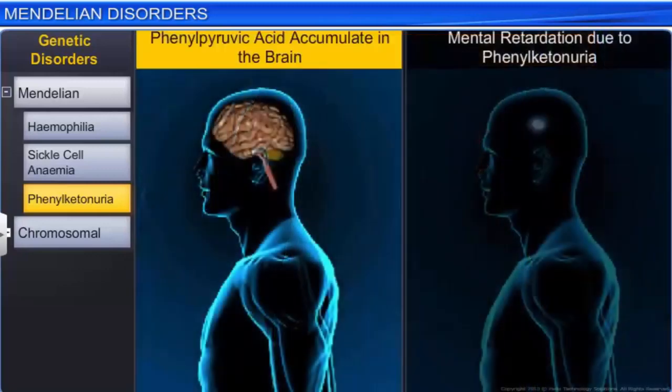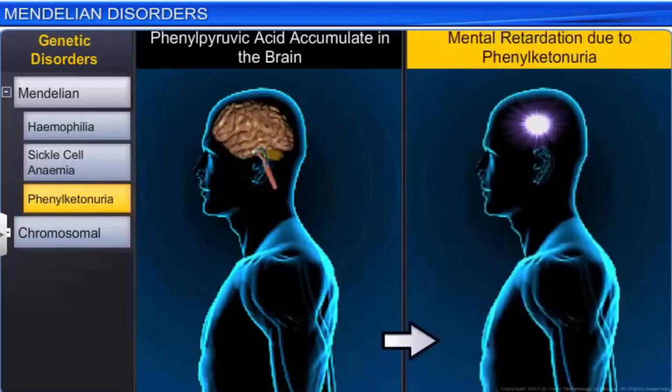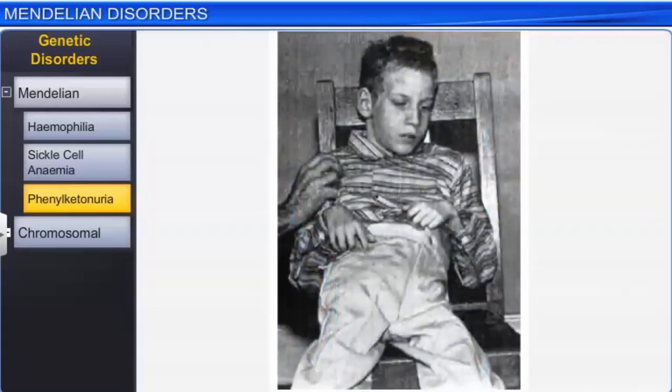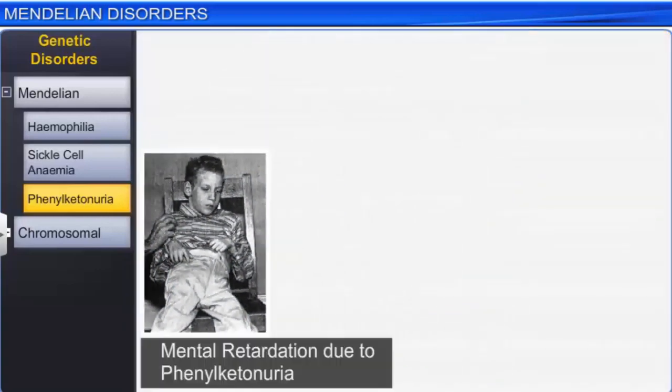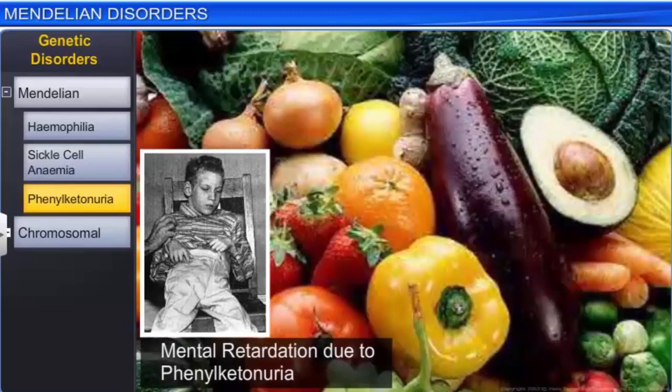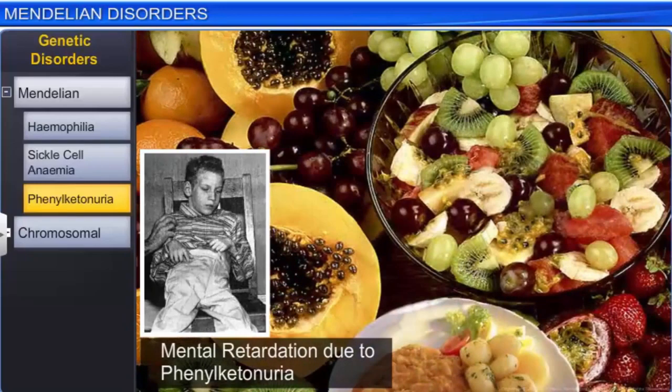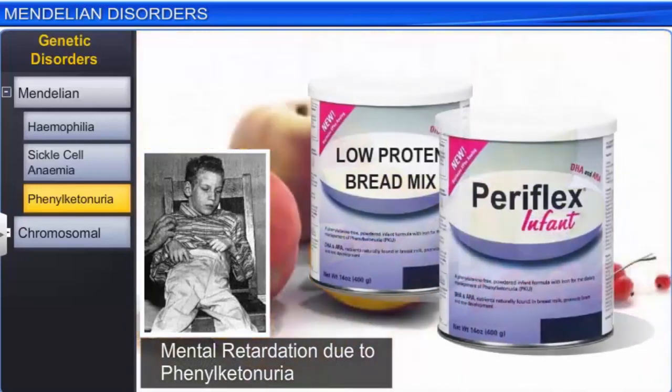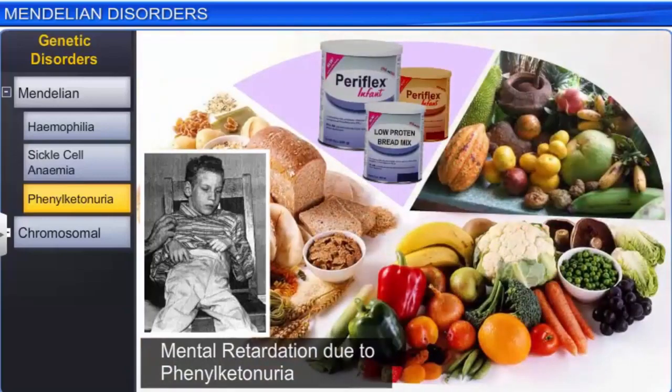If phenylpyruvic acid and its derivatives accumulate in the brain, it could lead to mental retardation. To avoid such a situation, a diet low in phenylalanine is usually recommended for patients suffering from phenylketonuria.